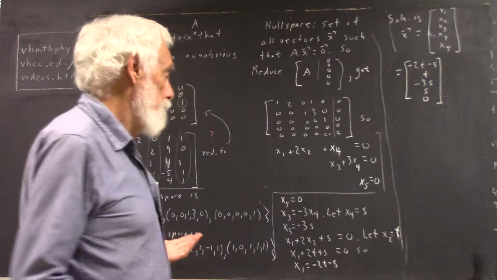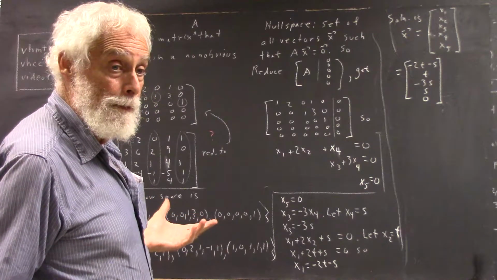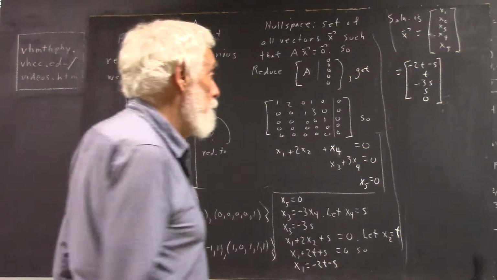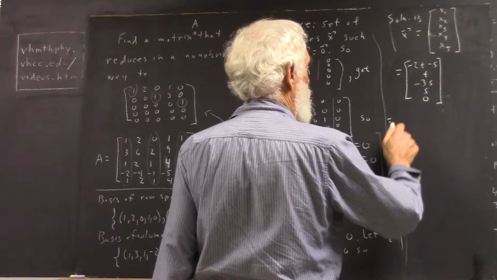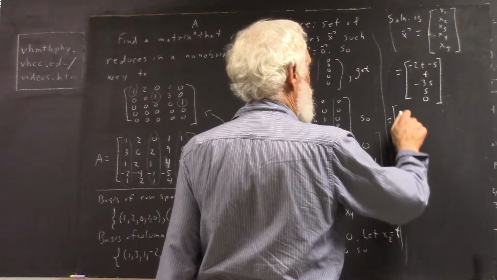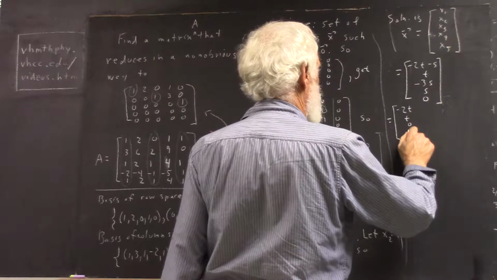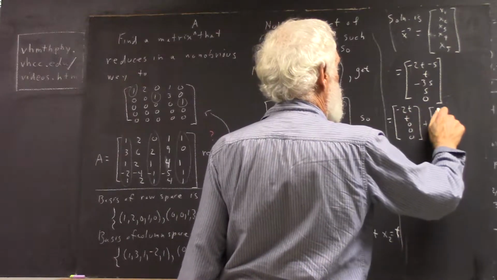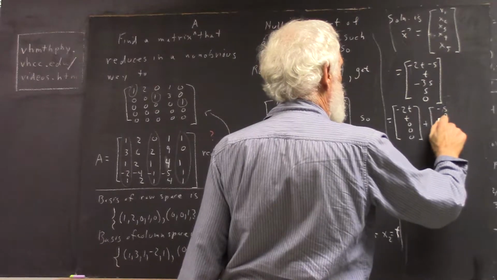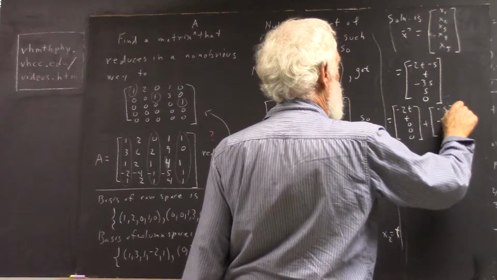Now, what we're asked to do is find a basis for the null space. Okay, so, well, we can take this just a little further then. We can say that this equals negative 2t, t, 0, 0, 0, plus negative s, 0, negative 3s, s, 0.